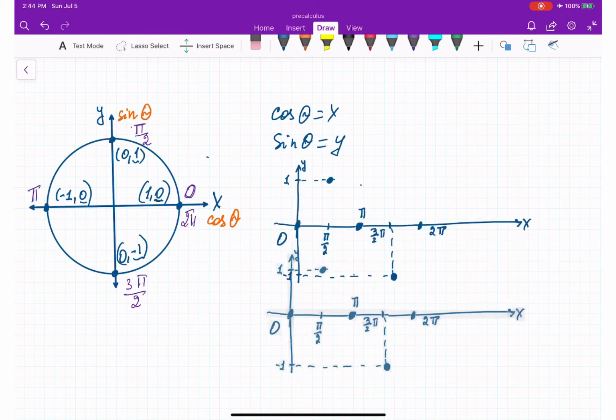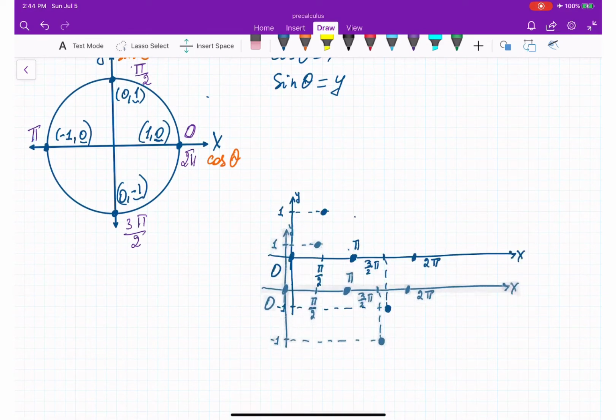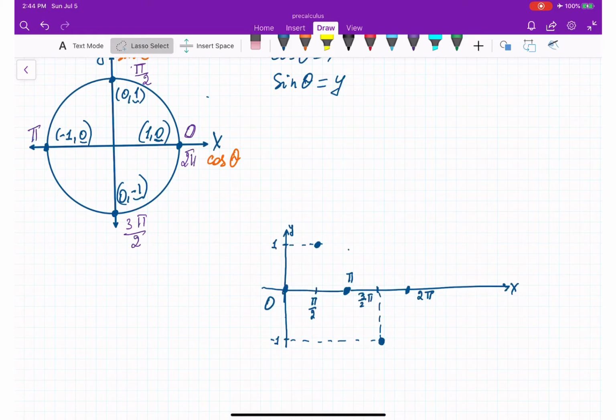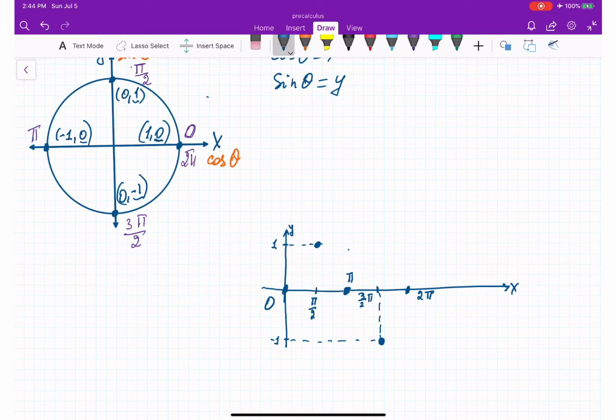Trying to move a little bit so I can draw. Okay, so let's see what I'm going to have here. From 0, I'm heading to half a pi, where 1 is.